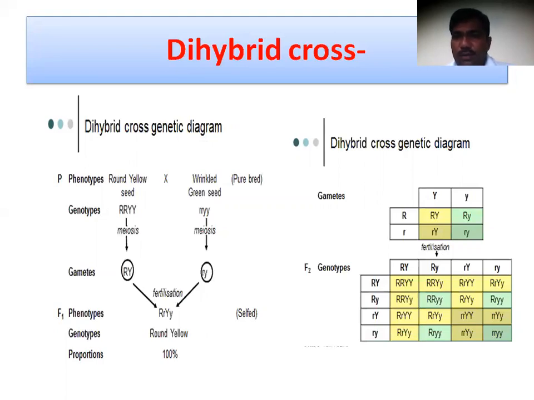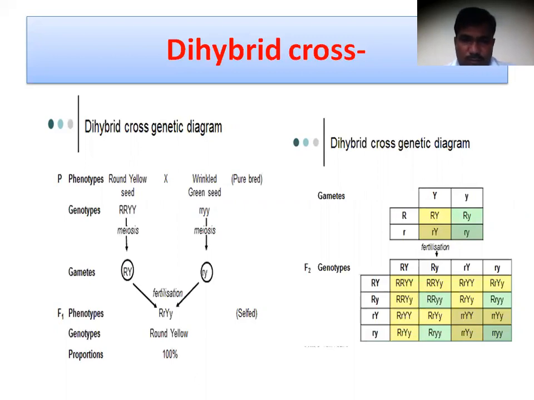We consider the shape of the seed and the color of the seed. Round is dominant over the wrinkled seed, and yellow seed color is dominant over the green seed.